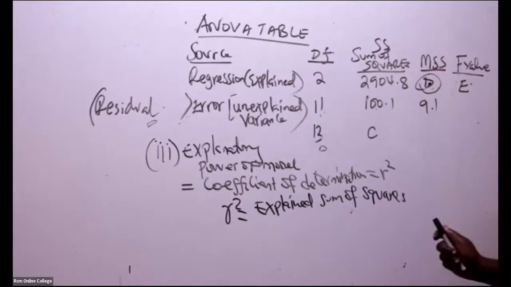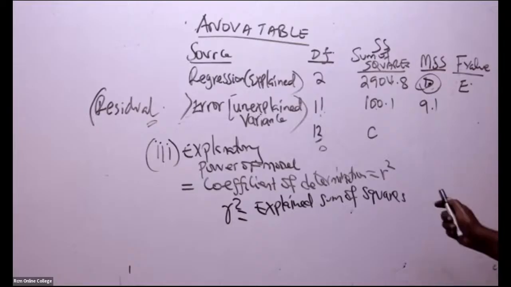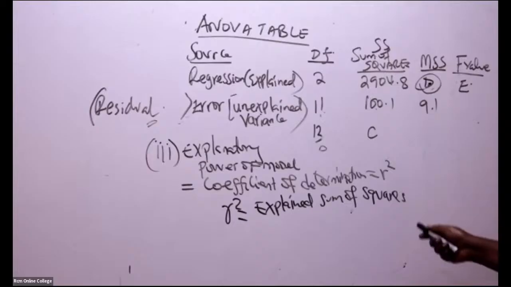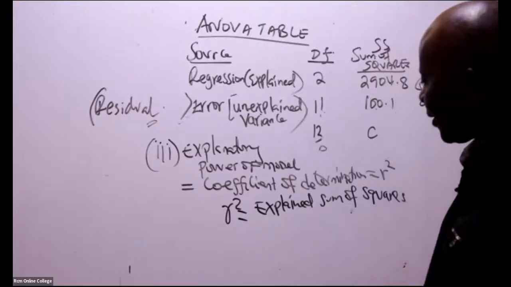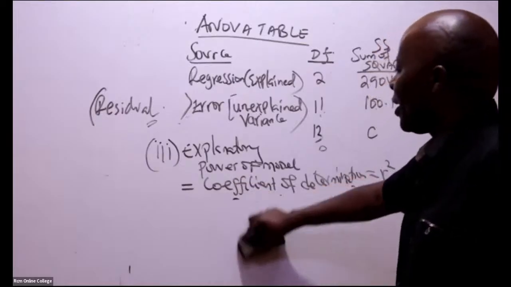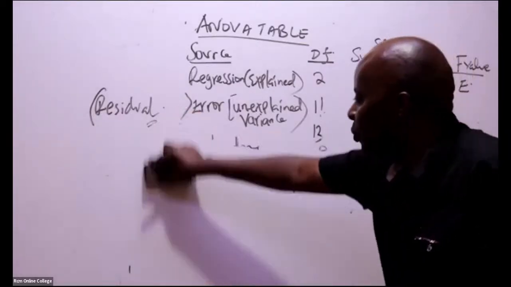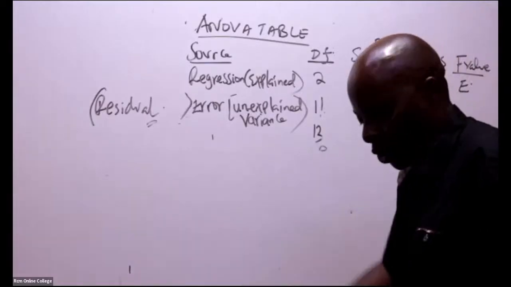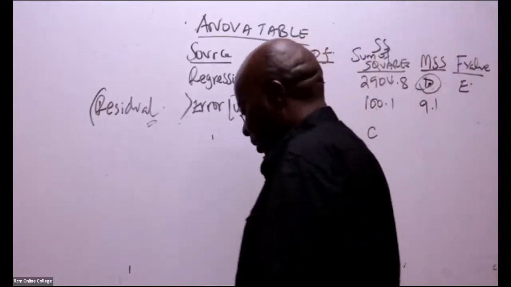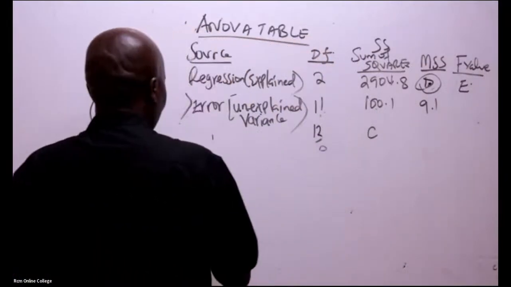And R squared, I'm explaining here, is the explained variance proportion.